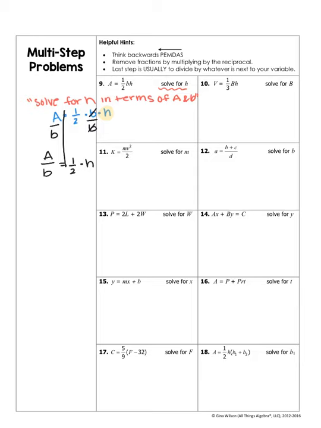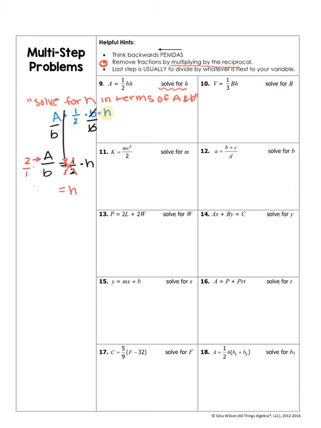So I'm almost there. But remember, to get rid of a fraction, we should multiply by the reciprocal. So the reciprocal of 1 over 2 is 2 over 1. But what I do to that side, I have to do to the other side. So my 2 over 1 cancels, and I'm left with just H. So now when I multiply, you just multiply fractions straight across.